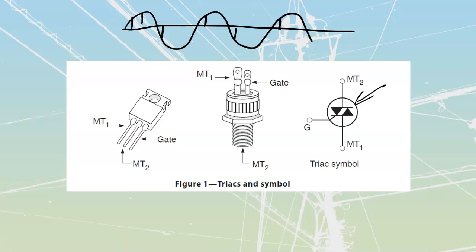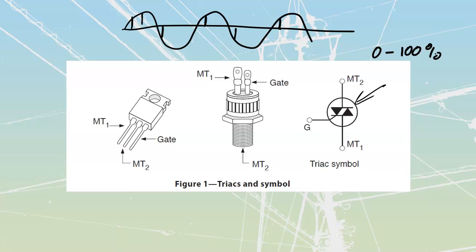Using a single Triac, we can vary an entire waveform from 0 to 100%, which is more useful to us than an SCR because we have to have 2 back-to-back SCRs in order to do that.